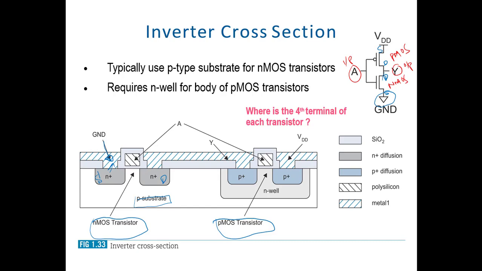Here we have the drain, and the drain is connected to the drain of the PMOS. Here we have the source of the PMOS, and it is connected to VDD. And you see these are the gates.